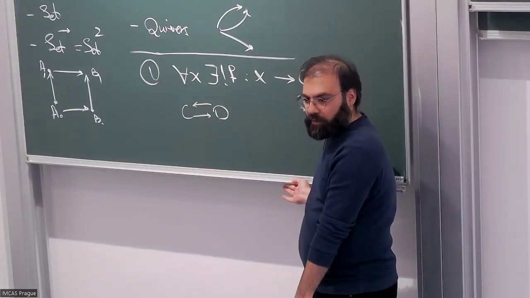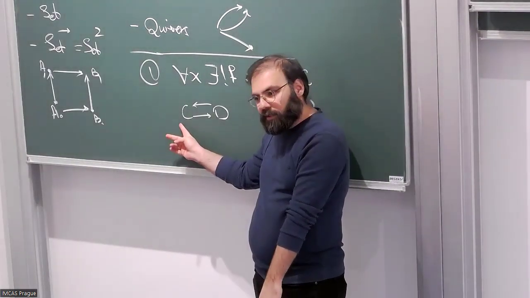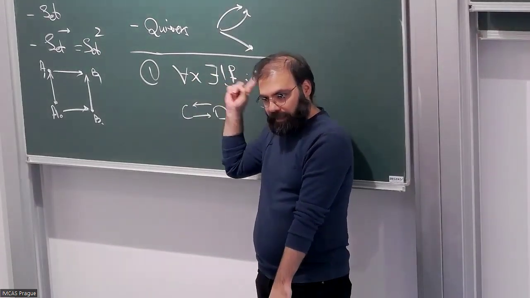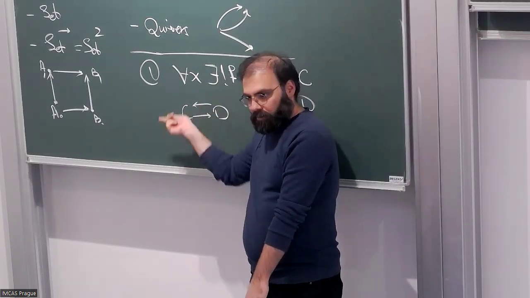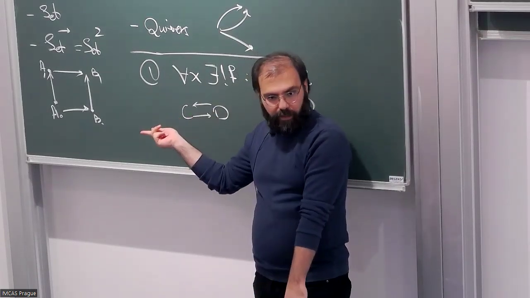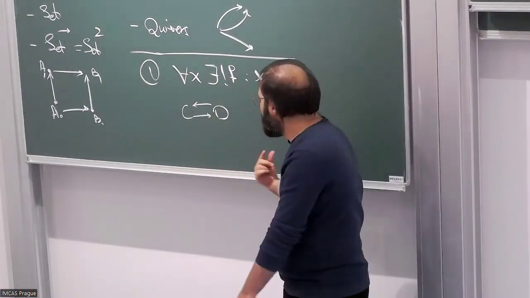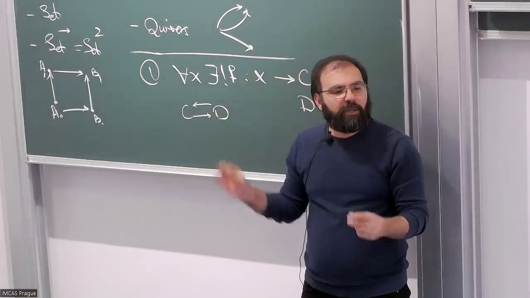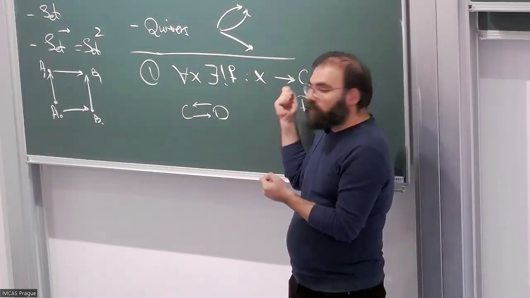And then you compose, and you have a map from C to C, but there is just one map from C to C by this property, and that is the identity. So the composition is identity, and the other composition for the same reason is identity. So these guys are isomorphic.